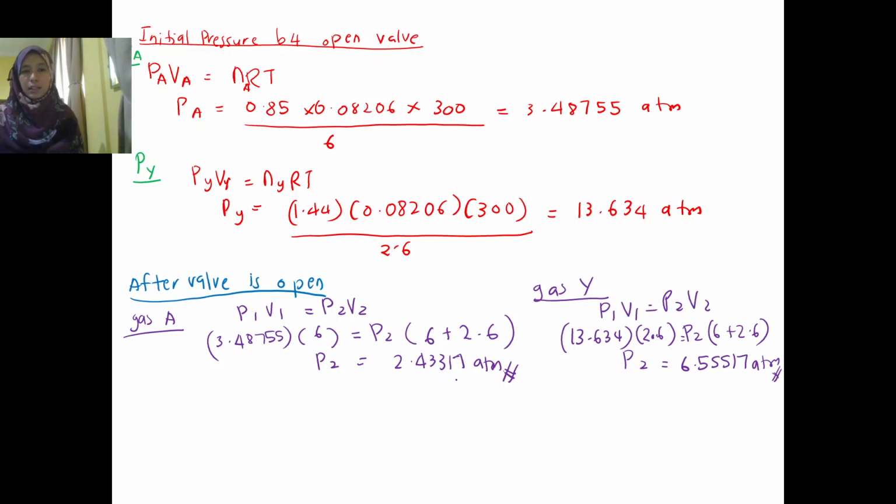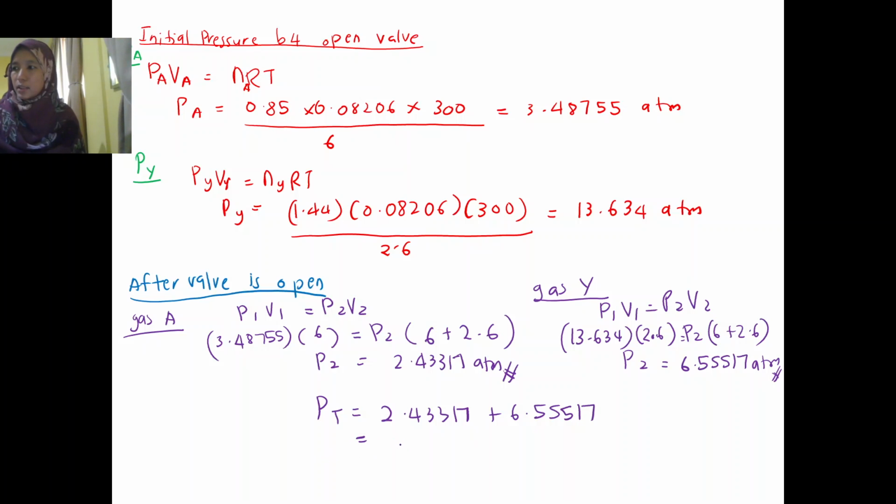Okay, so dah ada partial pressure untuk kedua-dua gas after valve is open. So to calculate for P total, just tambah dua ni. So P total equal to 2.43317 plus 6.55517.